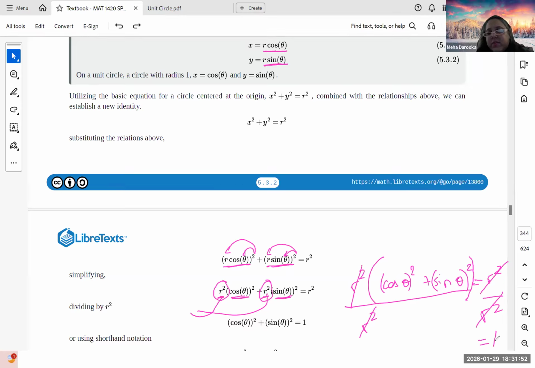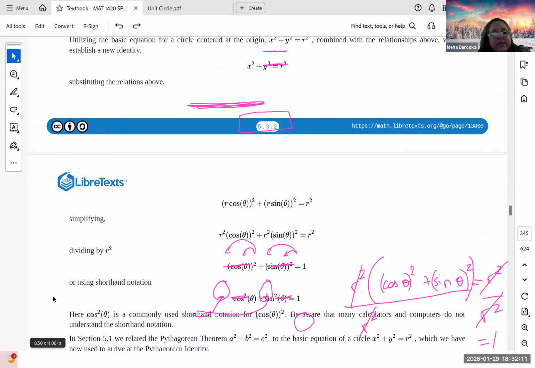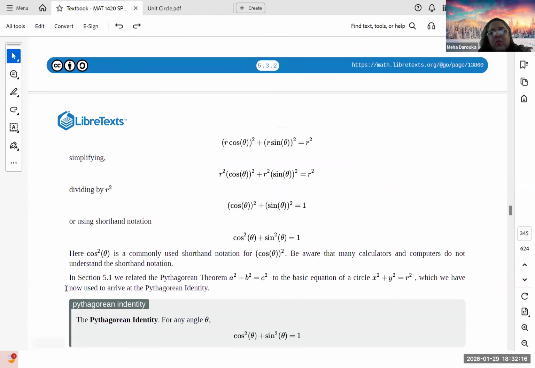And you can see r squared goes into itself once, and that's where this 1 comes from. So you are literally taking the equation of a circle centered at the origin, and you can actually define it by using your sine and cosine functions, and you end up with cosine squared plus sine squared equals 1.